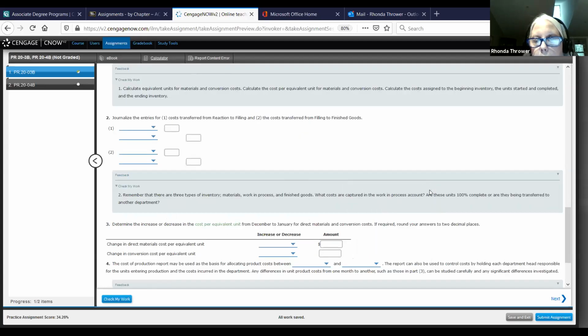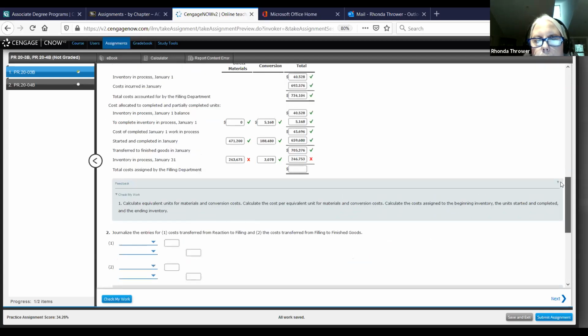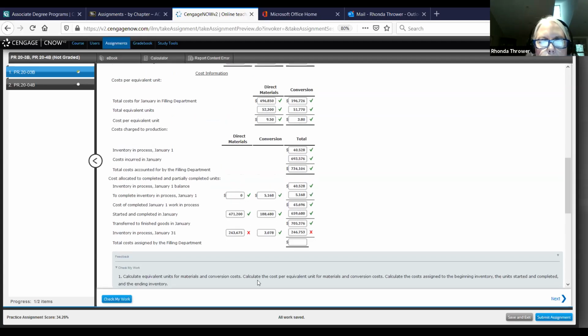And I would check my work there. And obviously I got it wrong. So I need to go back and recalculate the materials portion of this. So this will be correct.